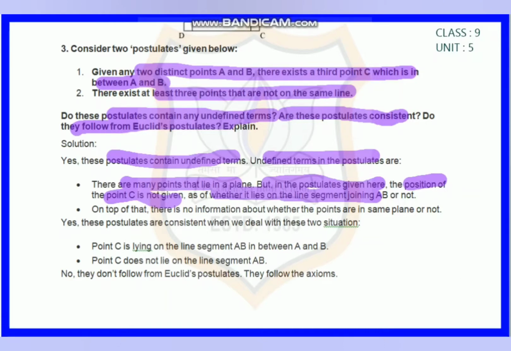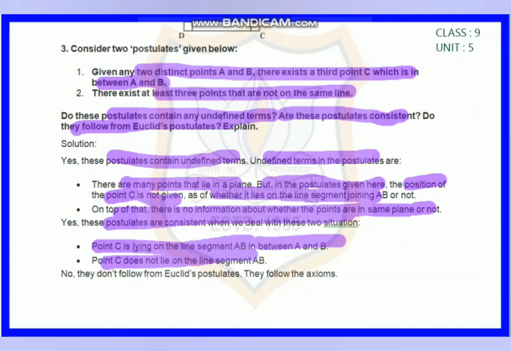Means whether point C is on AB or not, that is not sure. On top of that, there is no information about whether the point is in the same plane or not. Yes, these postulates are consistent, as they deal with two situations: point C lying on the line segment between A and B, or point C not lying on line segment AB.